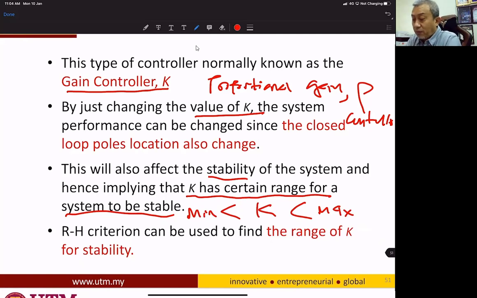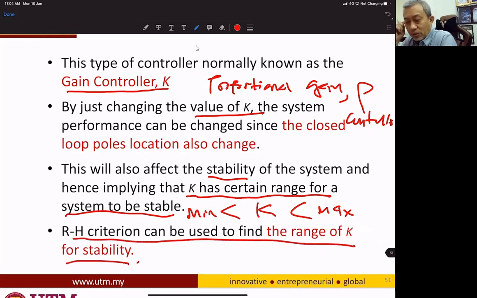This can be determined by using the Routh-Hurwitz criterion. So in your design of the transfer function, in assignments, please include this Routh-Hurwitz criterion in one slide of the stability chapter.